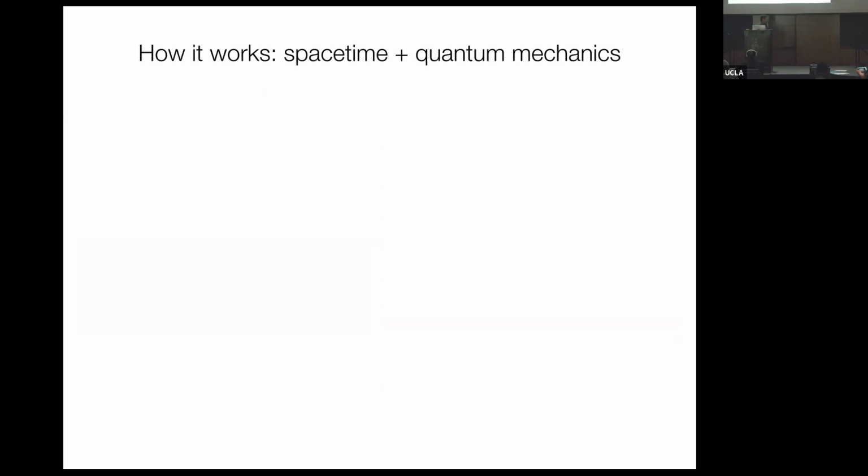So how does quantum field theory work? In a nutshell, it's a consistent framework that has in it the properties of quantum mechanics and space-time. The structure of space-time is built into quantum field theory. Now, I'd like to go through a few concrete examples of the power of these ideas.